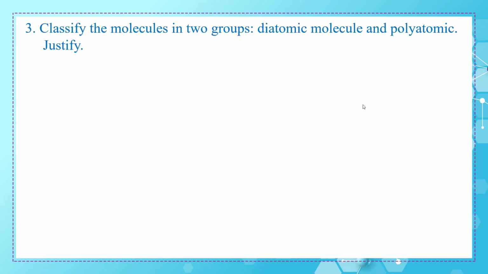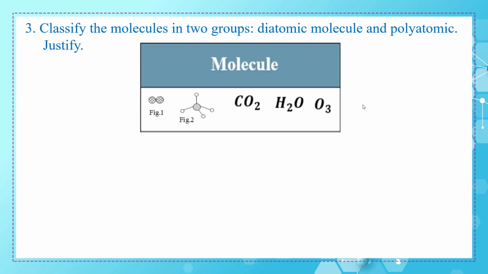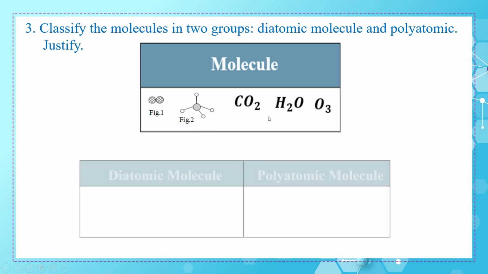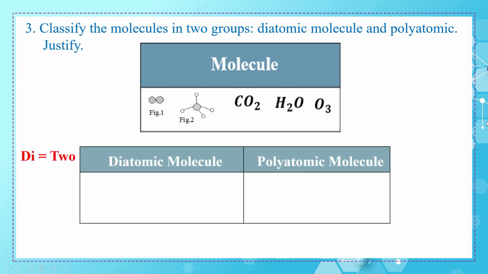Classify the molecules, which are in the row of molecules, into 2 groups, diatomic molecules and polyatomic molecules, and justify. So here we have the group of molecules, and we want to classify them into diatomic and polyatomic. Remember, guys, what is the meaning of diatomic? Di means 2, while poly means many or several.